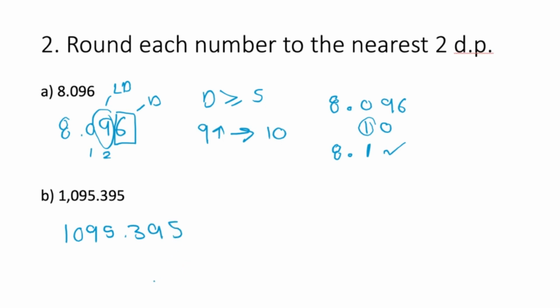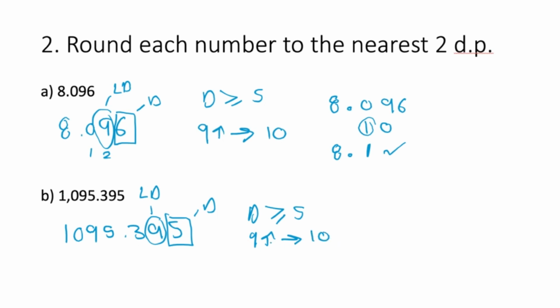Now for this question, 1095.395. In this case, the last digit is 9 and the decider is 5. Since the decider is greater or equal to 5, then we round 9 upwards. And like we did here, to round 9 upwards, it becomes a 10.